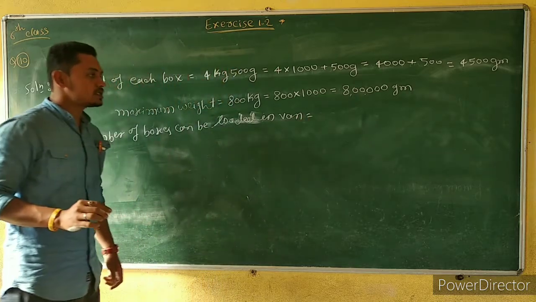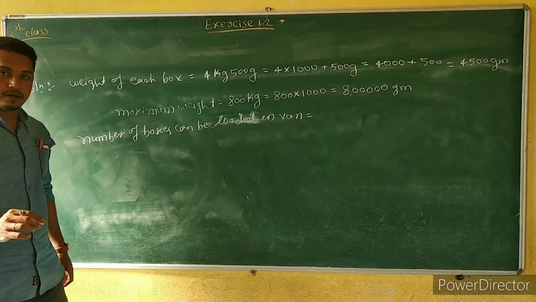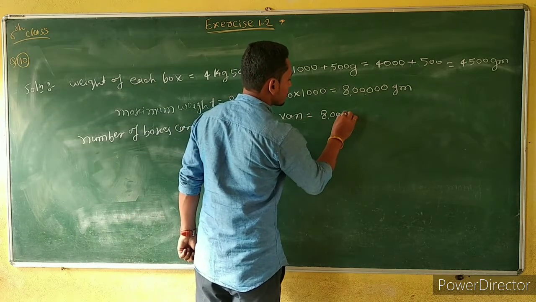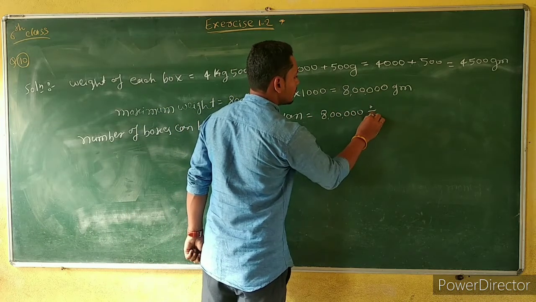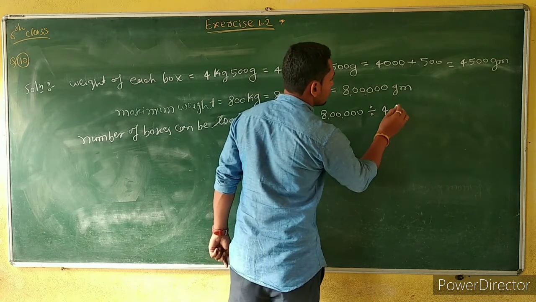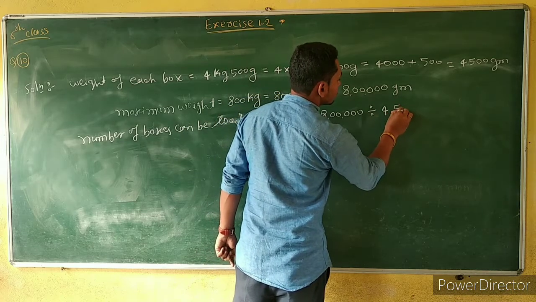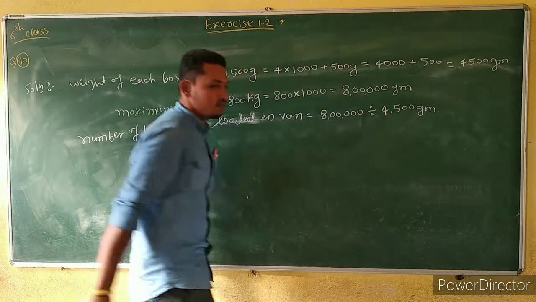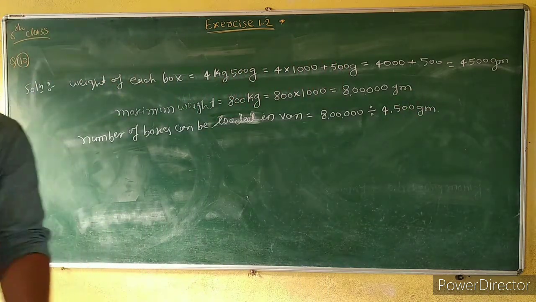The number of boxes that can be loaded in the van is equal to 8 lakh divided by 4500 gram.